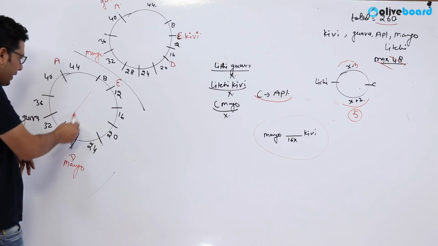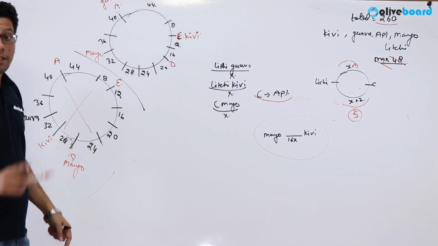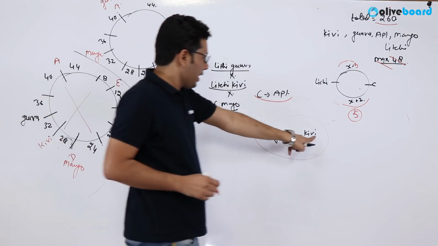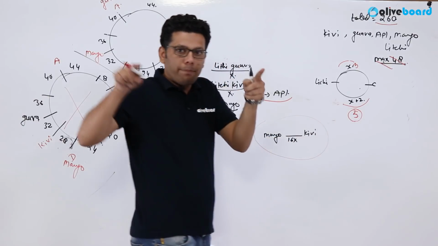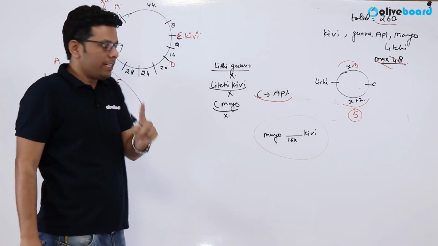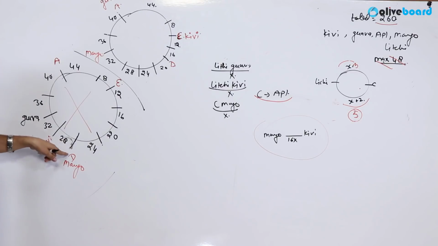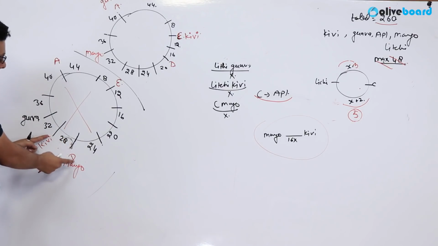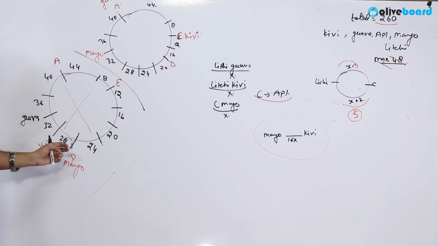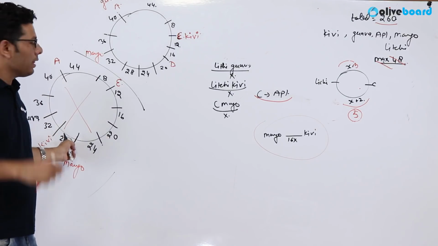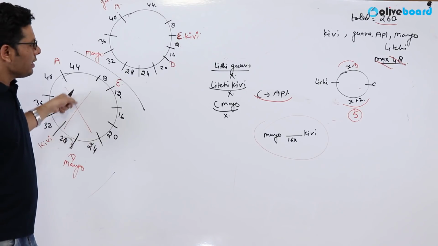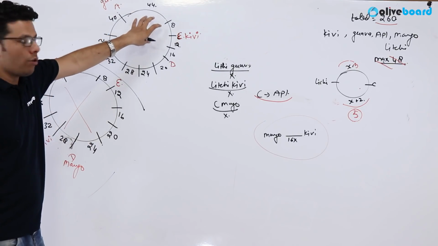So this case directly gets eliminated. Why? Because there was data that kiwi and mango have a gap of a multiple of 16. But in this we have a gap between kiwi and mango of 28. That 28 is not a multiple of 16. So this got cancelled and we have only the remaining case.